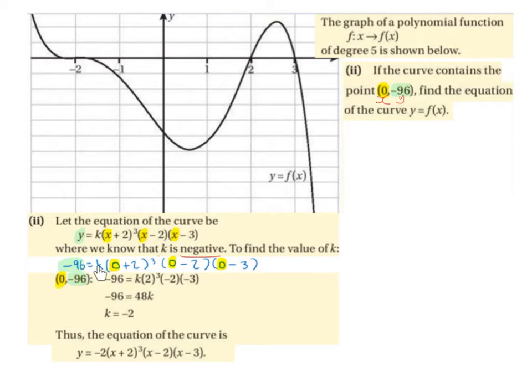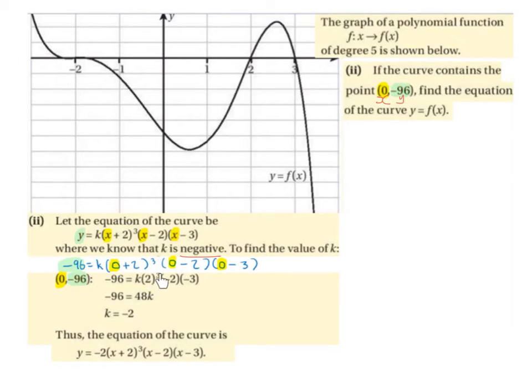So we bring down the -96. 0 plus 2 gives us 2, so you end up with k times 2 cubed. 0 minus 2 is -2, and 0 minus 3 is -3. So we have -96 equals k times 2 cubed times -2 times -3.